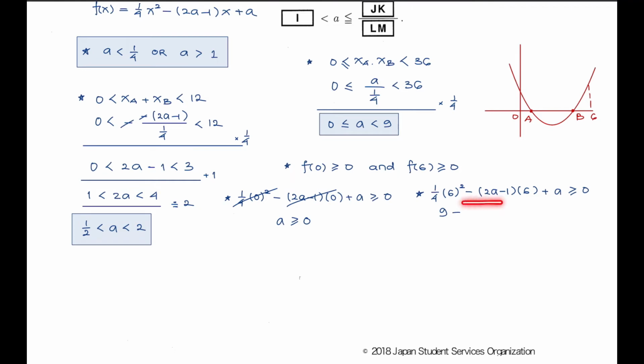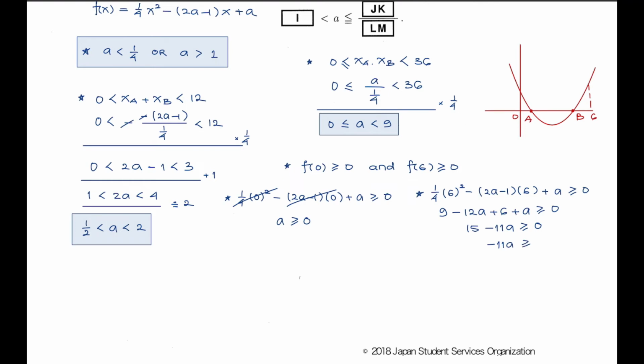Simplify this expression: minus 12a plus 6 plus a greater than or equal to 0. 9 plus 6 is 15, minus 11a greater than or equal to 0.